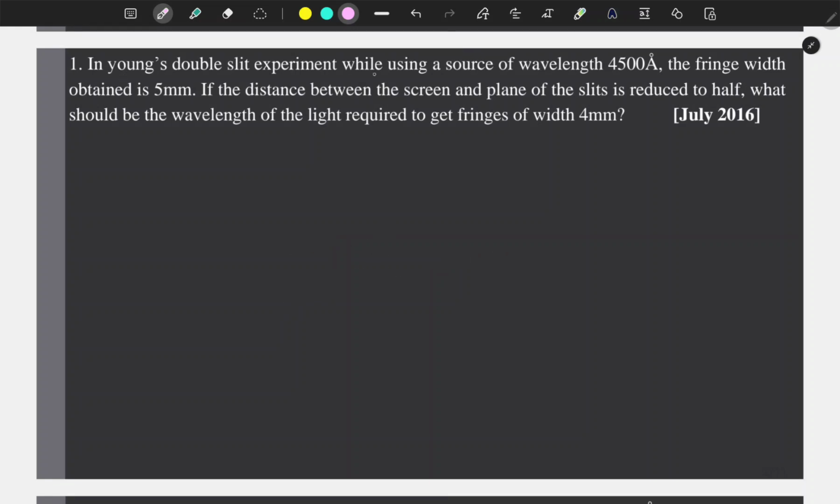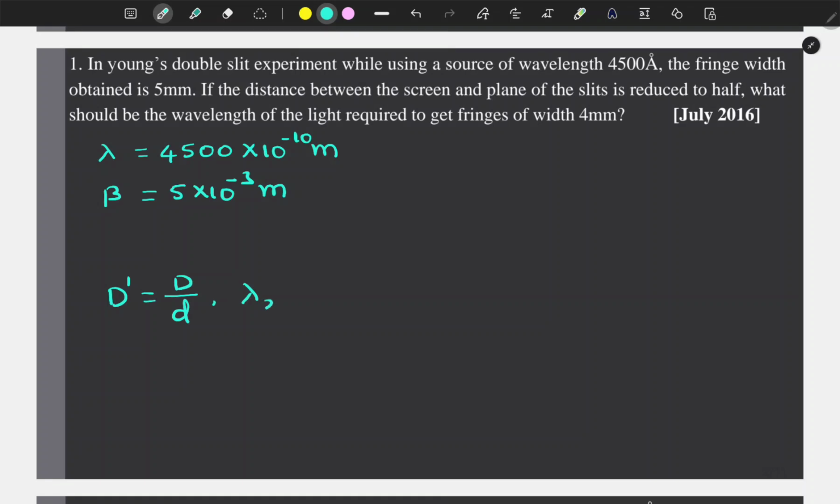Okay. So in Young's double slit experiment, while using a source of wavelength, let me write the data. Lambda is given, that is 4500 angstrom, meaning 4500 into 10 to the power minus 10 meter. The fringe width obtained, beta, is 5 millimeter. Milli means 10 to the power minus 3 meter. If the distance between the screen and the plane of the slit is reduced to half, that is capital D is reduced to half, what should be the wavelength?